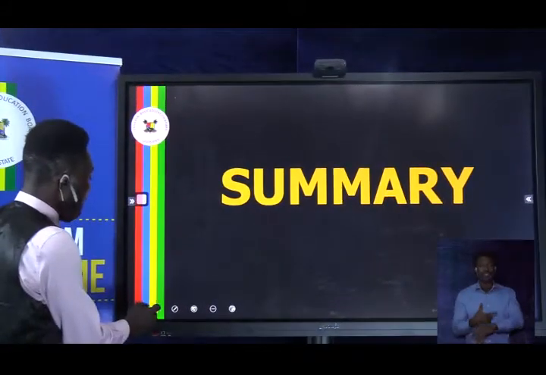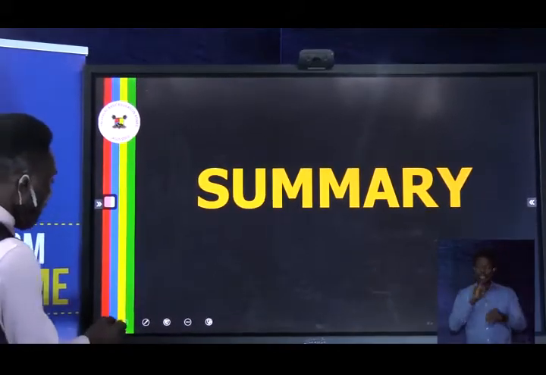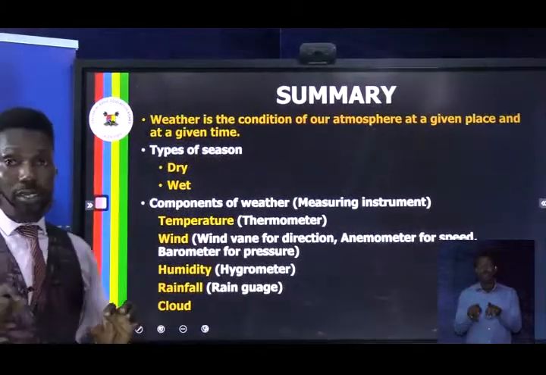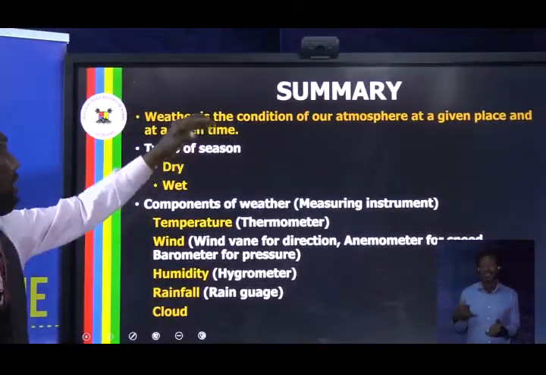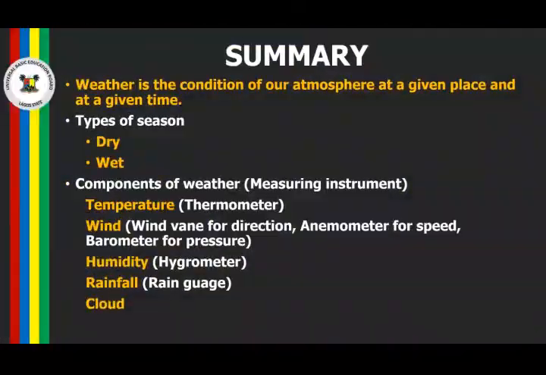So in today's lesson, we have successfully talked about what weather is, and we talked about climate. We differentiated them. We said that weather is a condition of our atmosphere at a given place and at a given time.